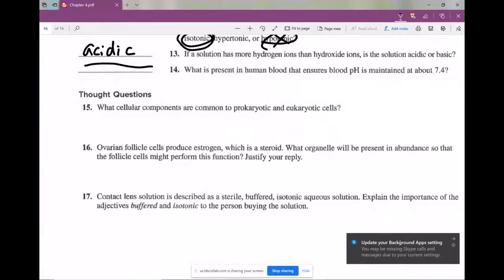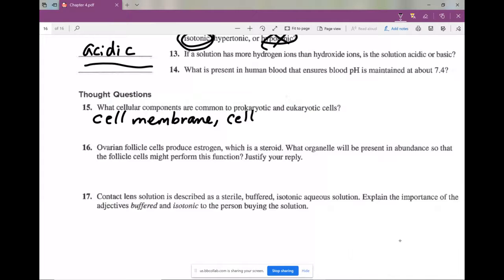What cellular components are common to prokaryotic and eukaryotic cells? Well, they both have a cell membrane, right? Bacterial cells and plant cells and fungal cells all have cell walls, so you can technically say cell walls, even though animal cells don't have cell walls.